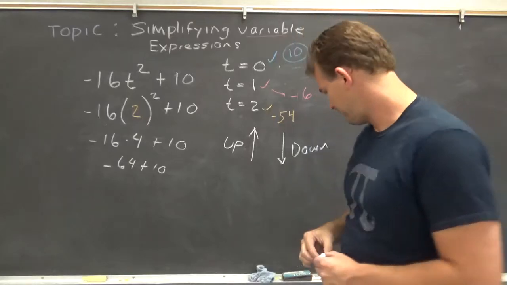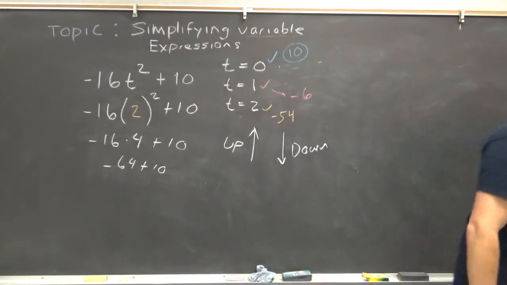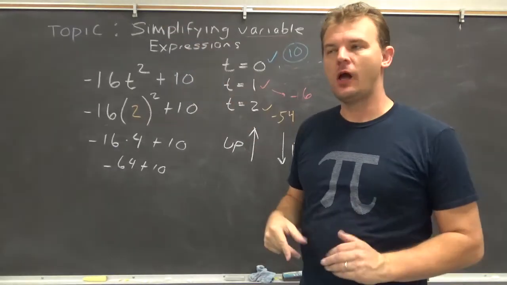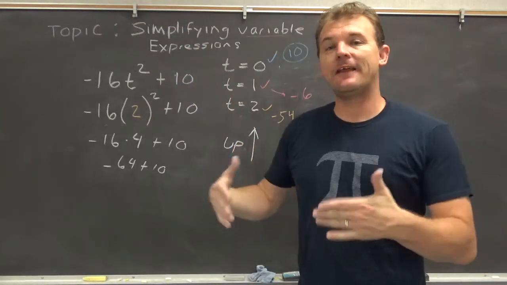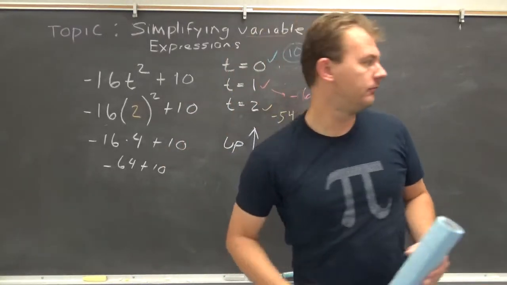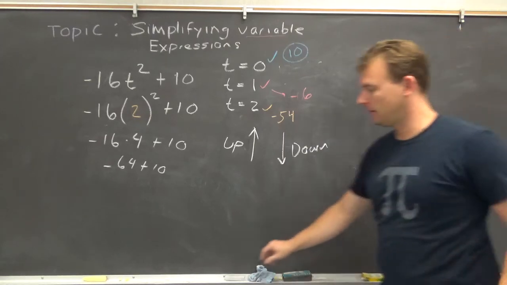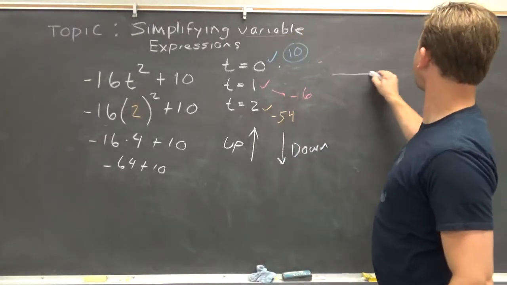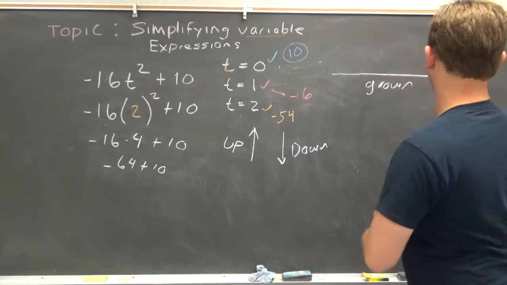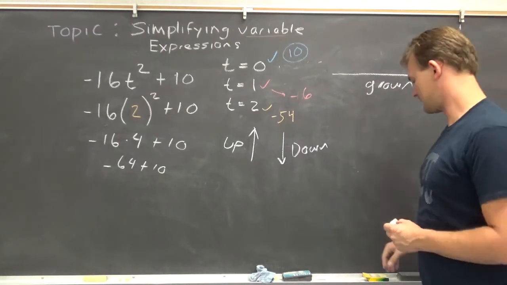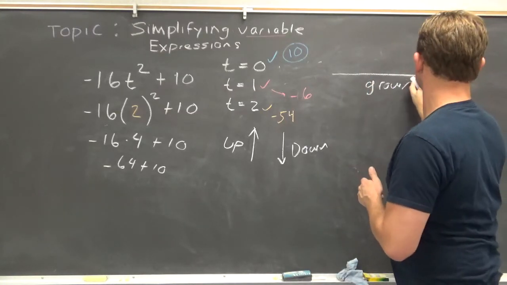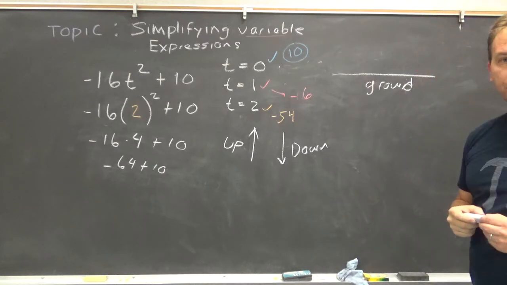Well, think of it this way, and this will be the final thing here. You release something and it falls. Sooner or later, it's going to hit the ground. Realistically, here's what's happening. Here's the ground.